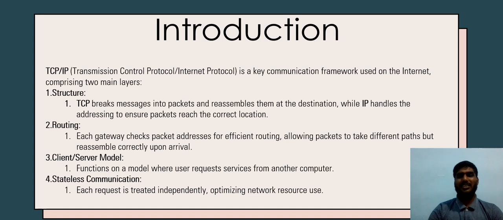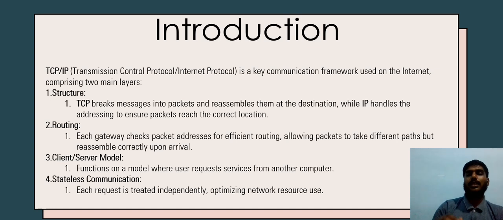Next is the introduction. In this introduction, we're going to cover 4 points. TCP/IP, Transmission Control Protocol and Internet Protocol, is a key communication framework used on the internet, comprising two main layers. One is structure.